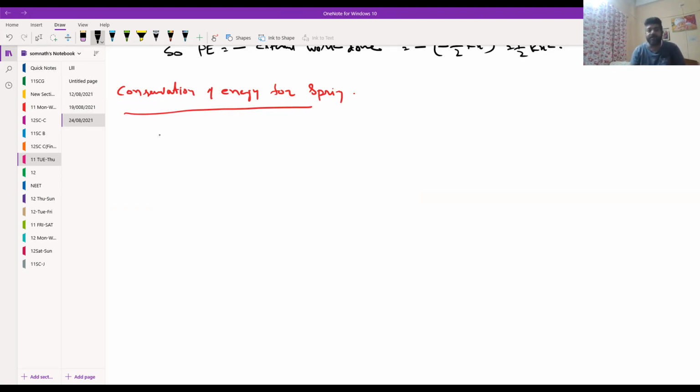কনজারভেশন অফ এনার্জি ফর স্প্রিং। তো সাপোজ আমার কাছে একটা স্প্রিং আছে, like this is the initial position, x equals to 0, and this is the extreme position, x equals to a, and in between suppose you have a position x equals to x.